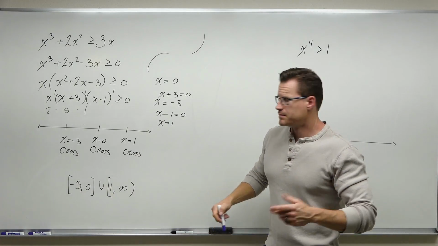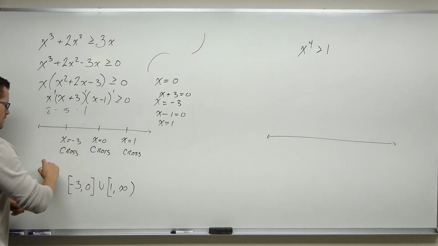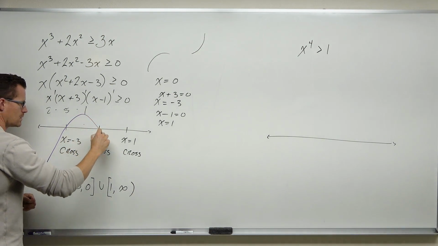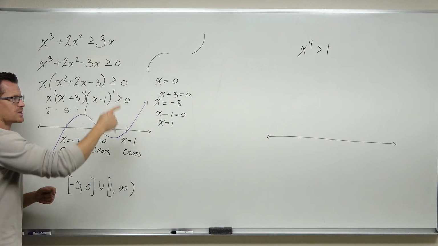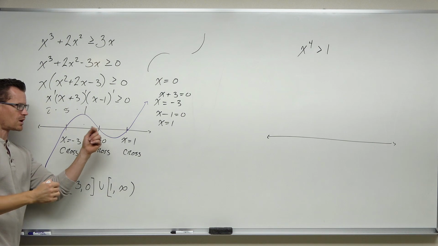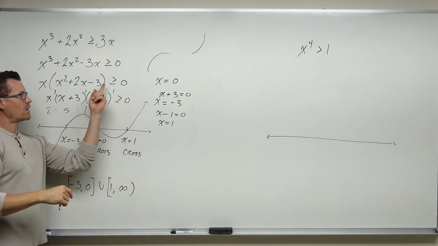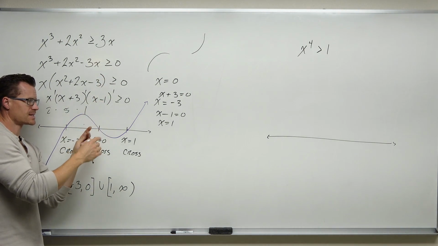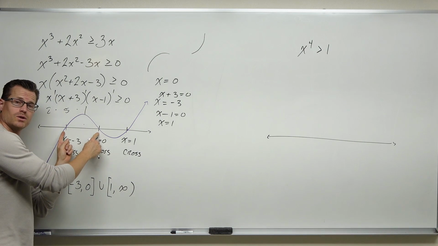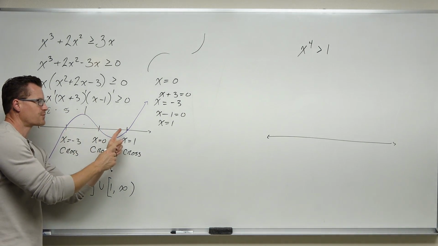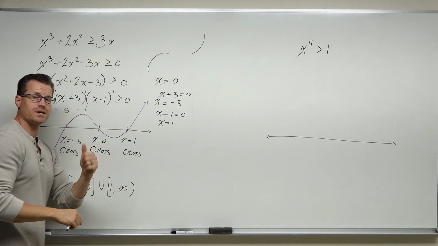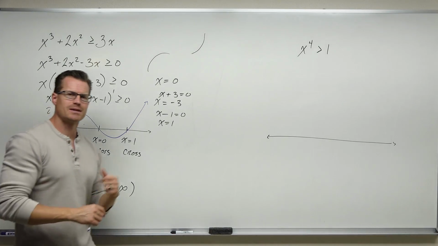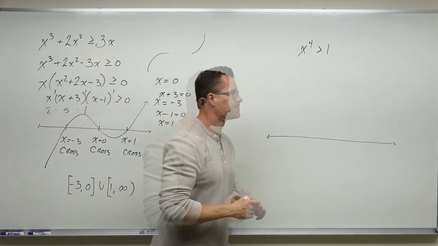Whichever one you think is easier. Because we understand the end behavior and we understand the crosses here, we can say where we are above 0, above the x-axis or on it, is from -3 to 0, including that because those are x-intercepts, and then from 1 to infinity, including the 1 because that's, again, an x-intercept. We get the same exact solution.